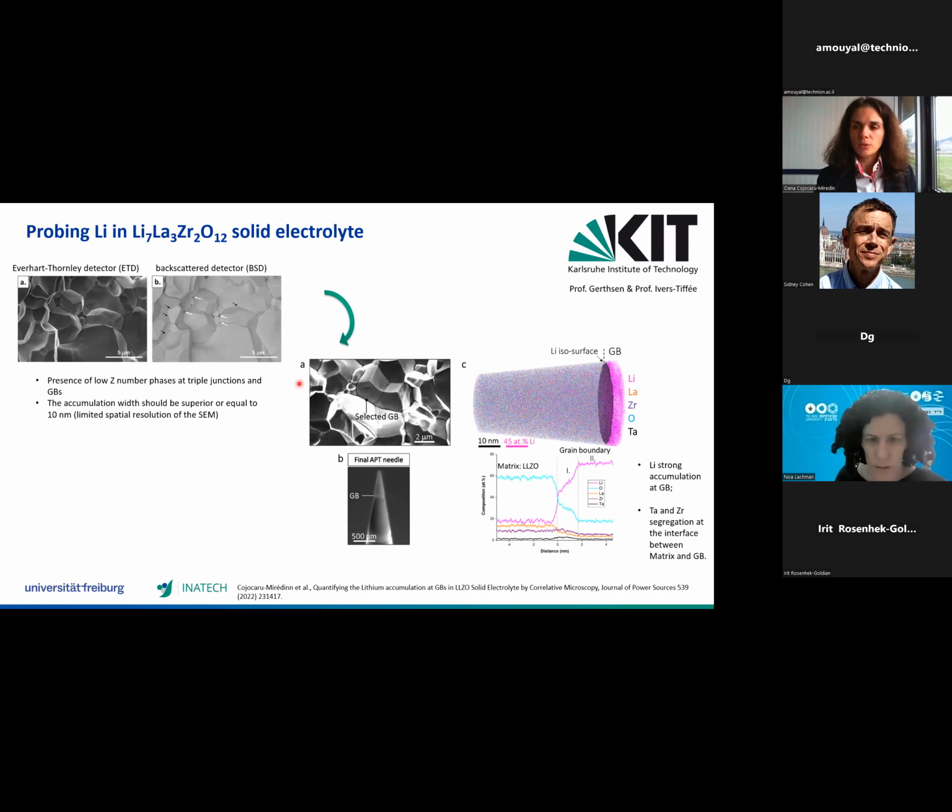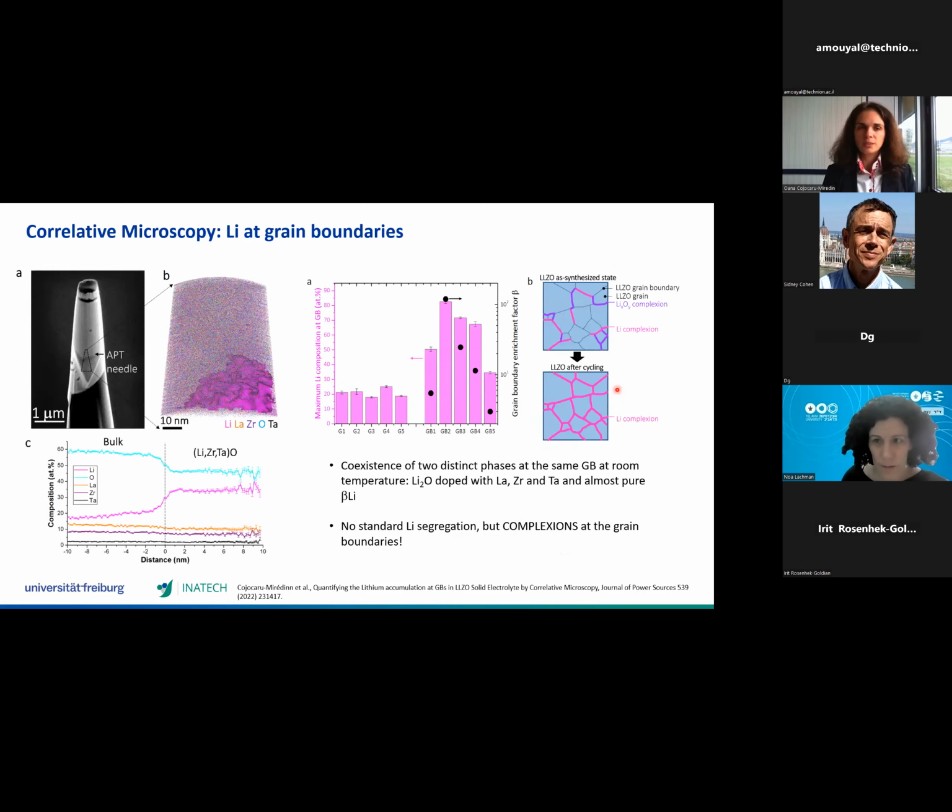And what we saw by extracting a very small portion at the grain boundary and preparing the tip, so here is the grain boundary inside the tip, is that we have a lithium segregation at the grain boundary position. And this has not been observed for one single grain boundary, but for many of them.